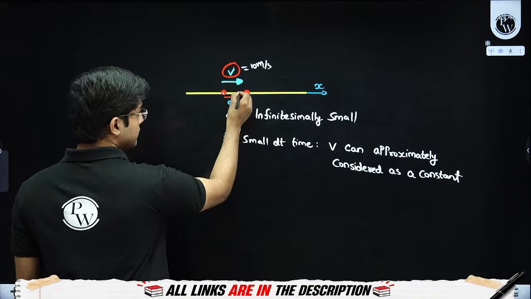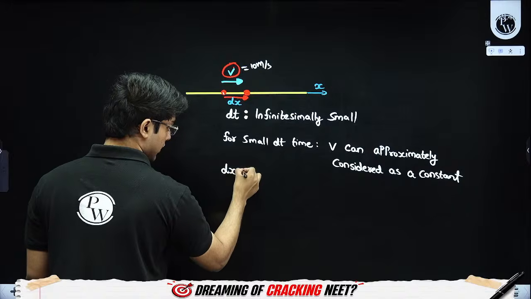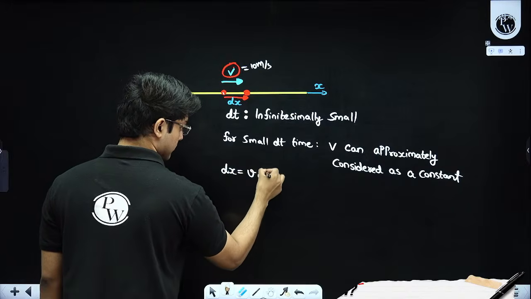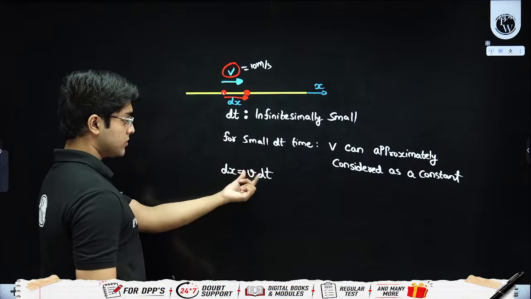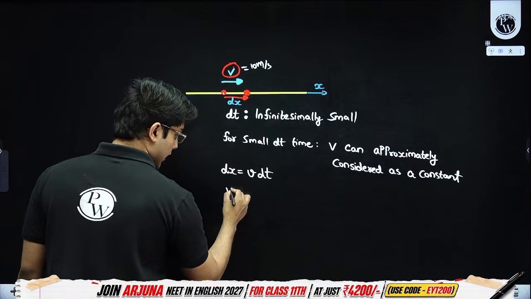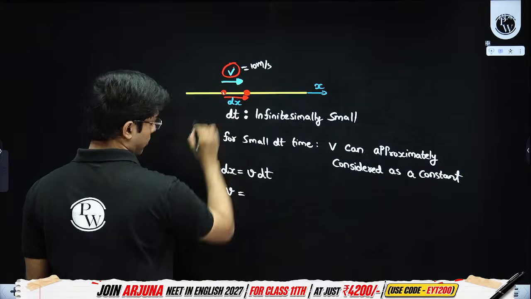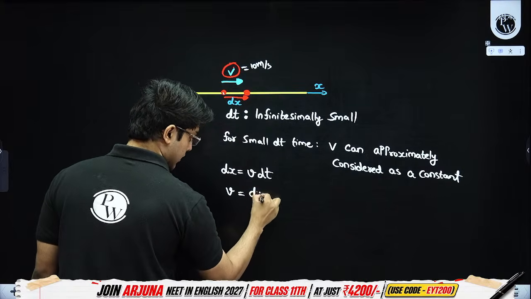And in this case, if it is constant speed, I can write distance equals speed into time, the constant speed relation. Hence, I can get the instantaneous speed at this point as dx by dt.